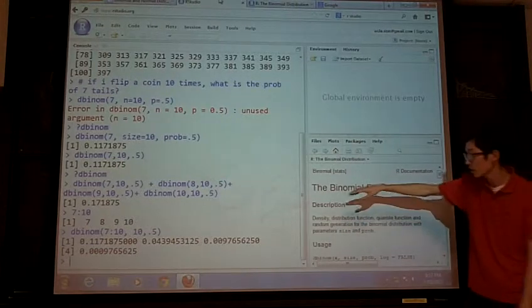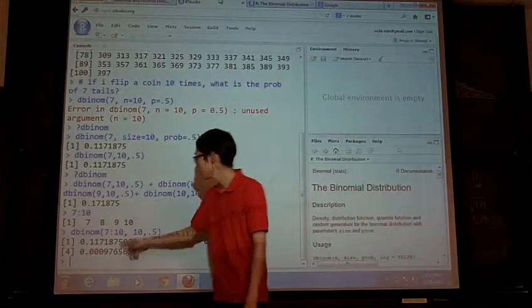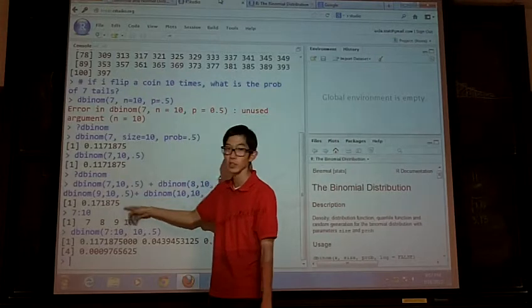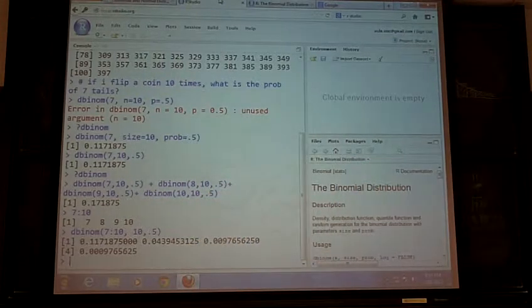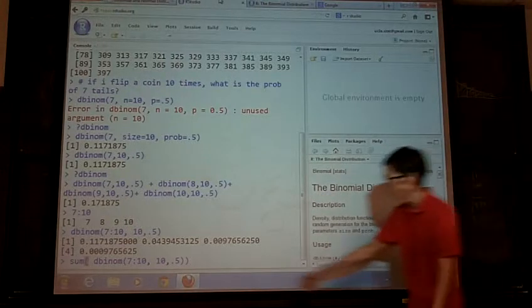All right, so then, I'm not interested in these numbers individually, I just want to add all of them together. So I can use the function sum, and whatever numbers you put into the function sum, it's going to add those numbers up. So I'm going to put sum around dbinom of this thing, okay?